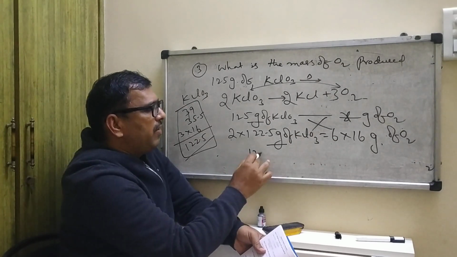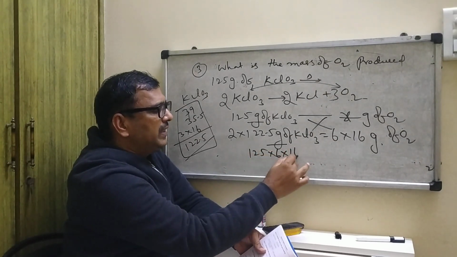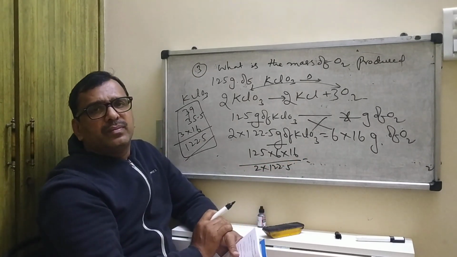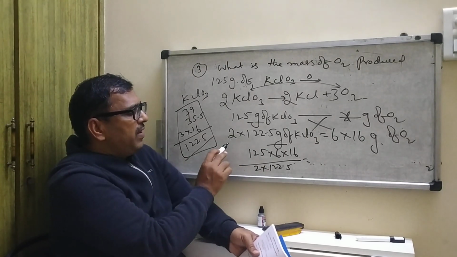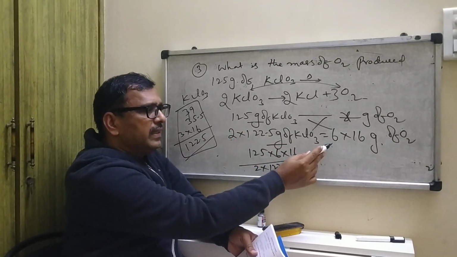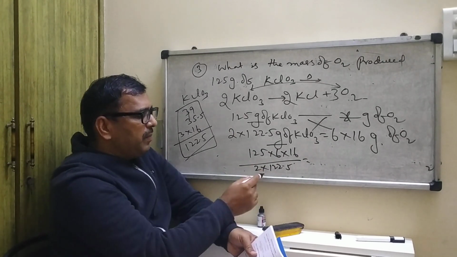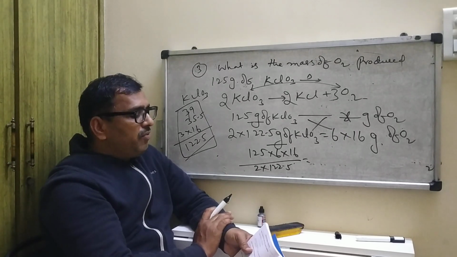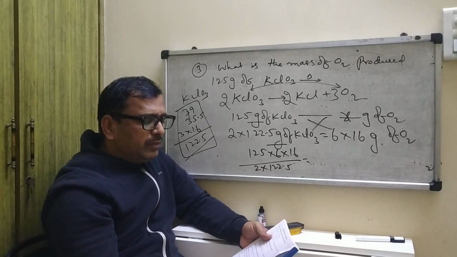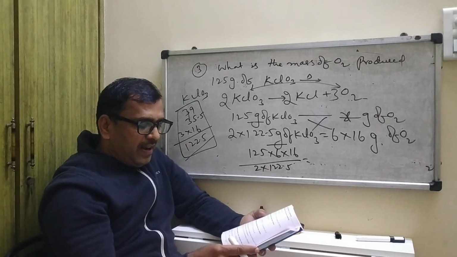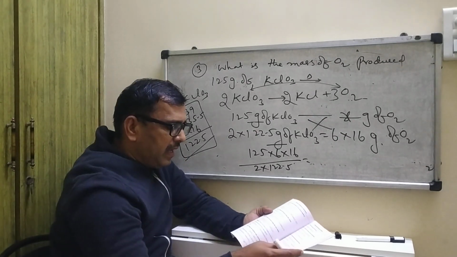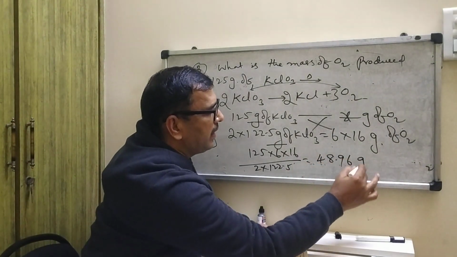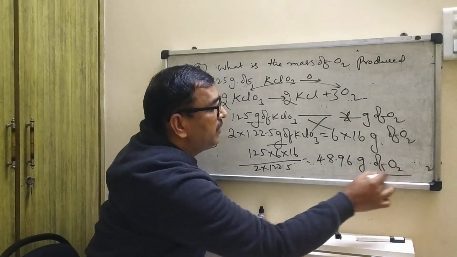Cross-multiplying, 125 into 6 into 16 divided by 2 into 122.5 grams. From this calculation, how many grams do you get? The final answer is 48.96 grams of oxygen produced.